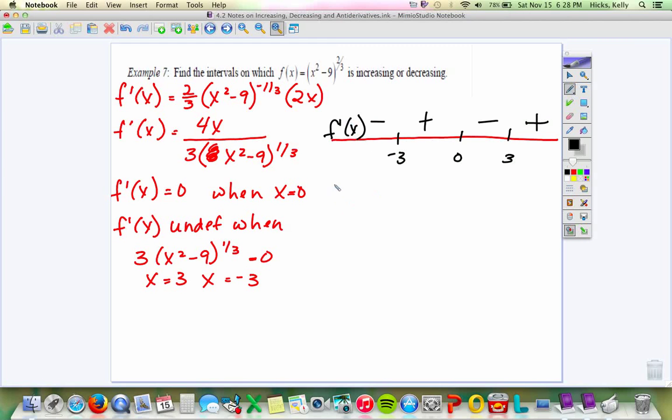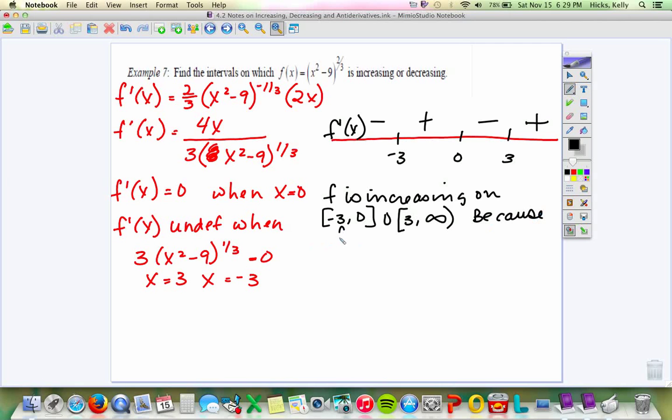So let's answer the question. The question was find the intervals on which the function is increasing or decreasing. All right, well, f is increasing on negative 3 to 0, and that's a union, and 3 to infinity, because the derivative is greater than 0.